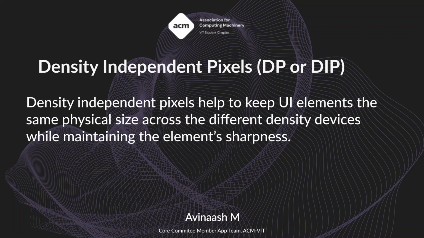And moving on, since every device has its own DPI, dots per inch, it is a tiresome process to make a UI for every different screen. So to avoid this, Android Studio has come up with a thing called density independent pixels, and this helps to keep the UI elements the same physical size across all the different density devices.